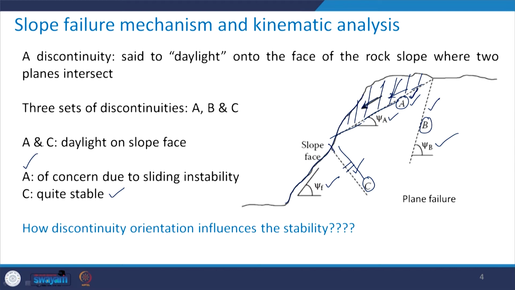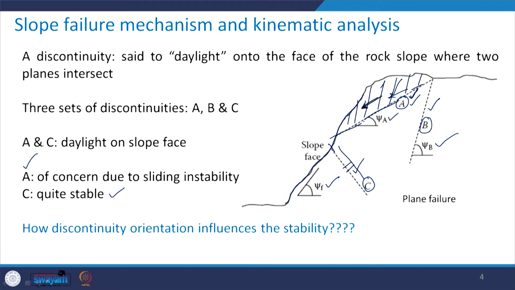Now, the question comes for which we have to look for the answer: how is this discontinuity orientation going to influence the stability of this slope face? We can say that it is not safe, but we need something mathematical to decide why it is not safe.